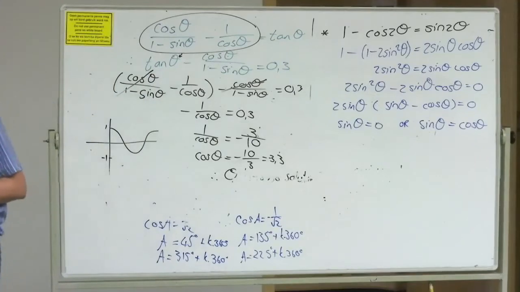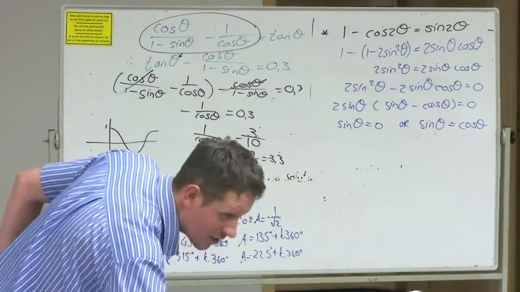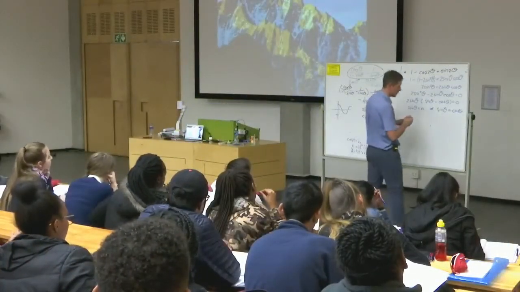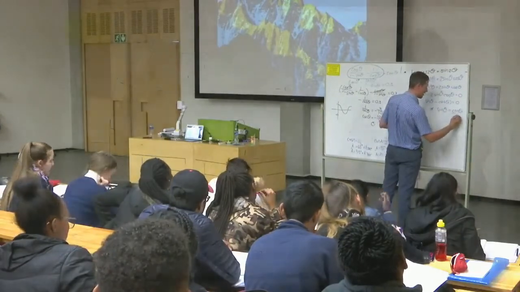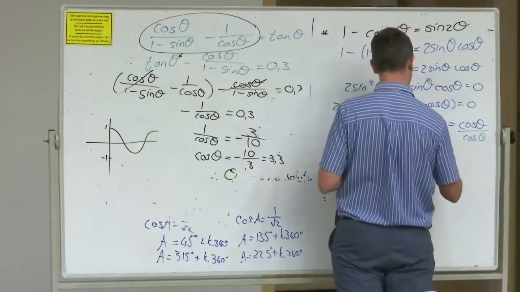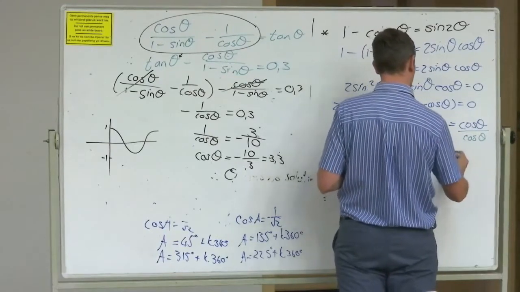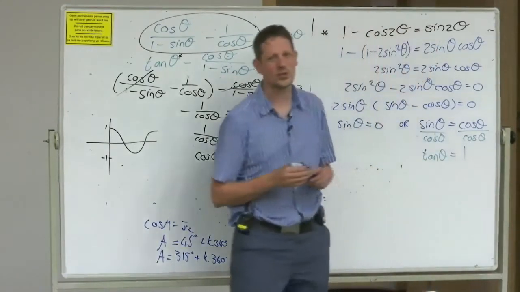Okay. Now the question is, how do I solve that further? Please somebody tell me. Say again. You can try cofunctions or divide by cos. Because this gives me tan theta equal to.